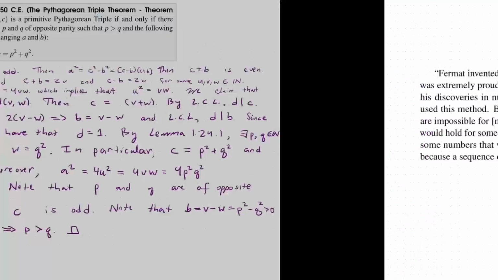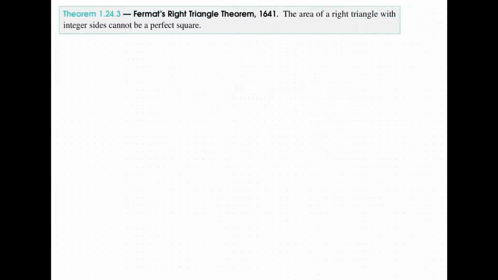But now, one thing to note with the right triangle theorem is that while he proved it, his proof, and the only proof that he ever wrote down that survived, is by our standards not a rigorous proof. And so let's talk about the right triangle theorem to finish off today's lesson. What it says is that the area of a right triangle with integer sides cannot be a perfect square.